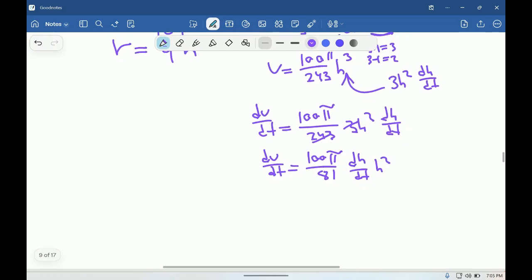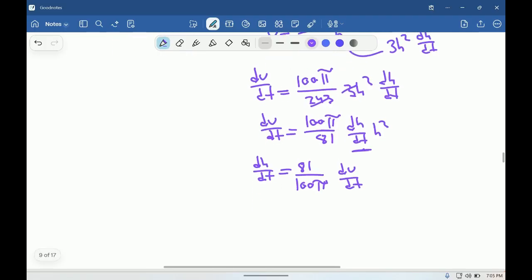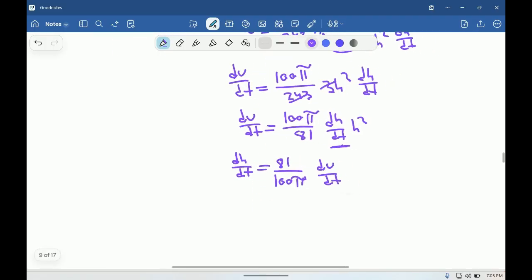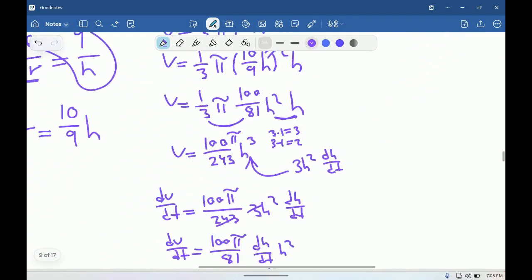All right. And now we're going to try to set it so that we're solving for dh/dt. So we're going to put dh/dt equals, and we're going to flip this over because of that. So it's 81 over 100 pi dV/dt. Now we know that our small h is going to be 6.